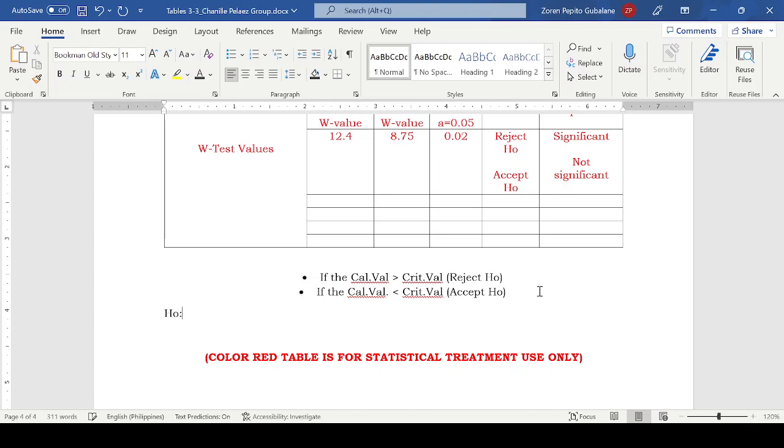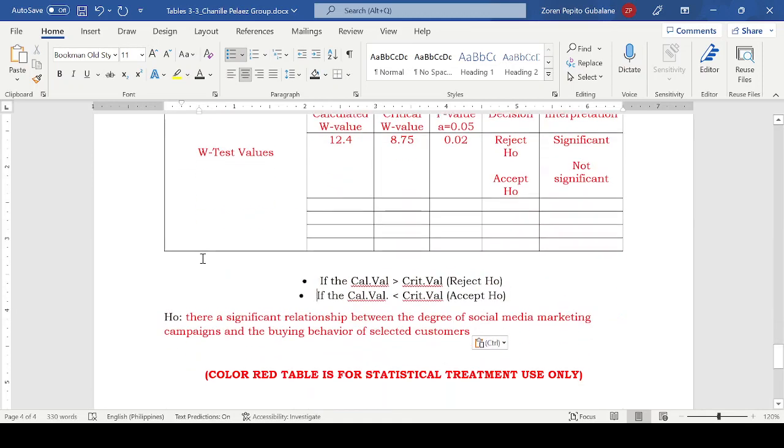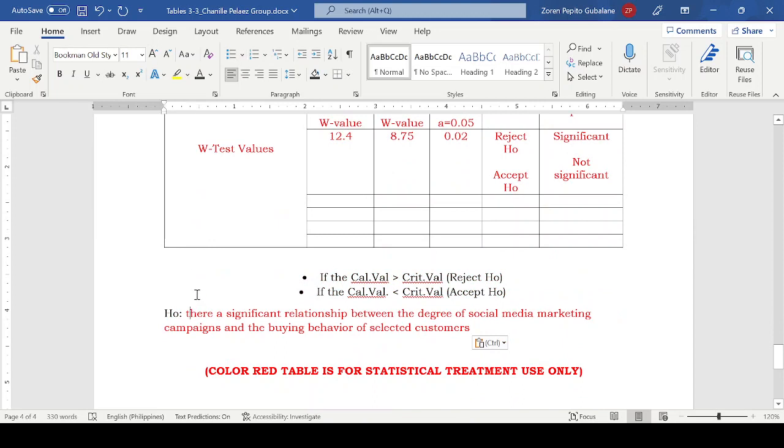The original statement looks like this. So there is no, to make it null. Okay, so this is the original statement stated in chapter 1. So ganyan. There is no significant relationship between.